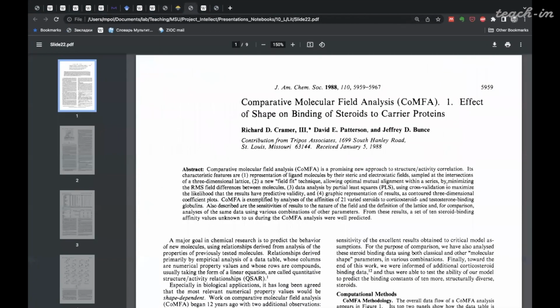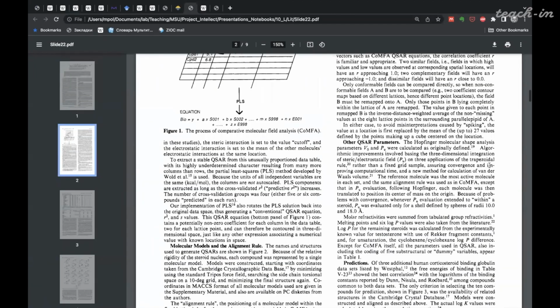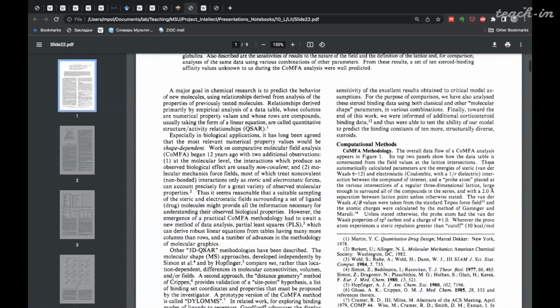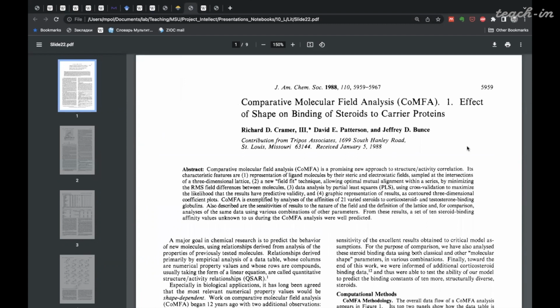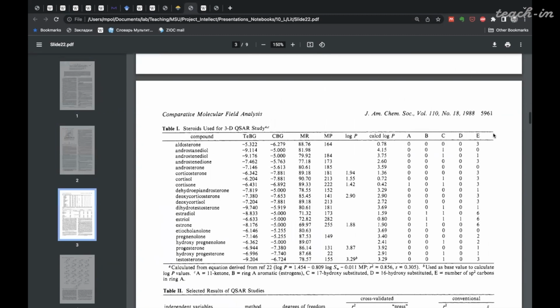So what should be mentioned, that in this classic article, they correlated binding affinity of steroids to carrier proteins. This is important, of course.